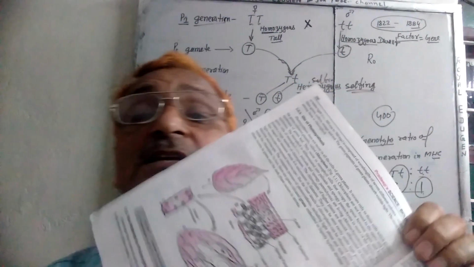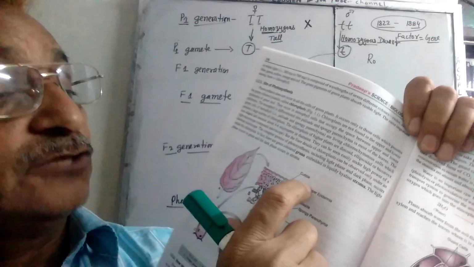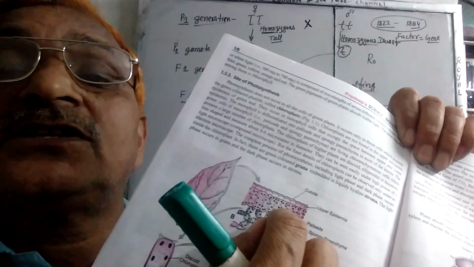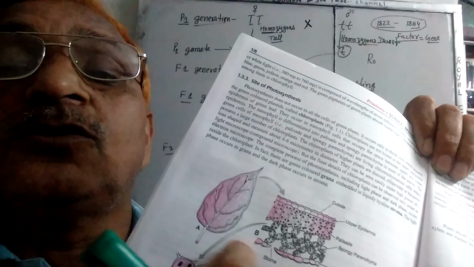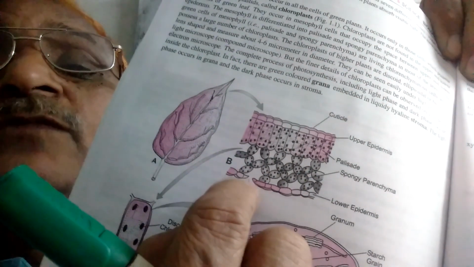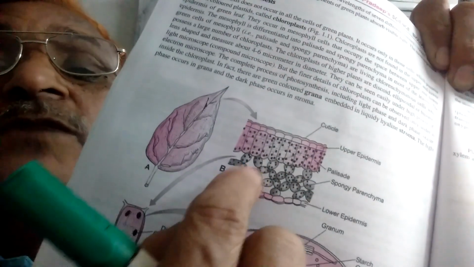Maybe this type of diagram may be asked. You have to label that the cuticle protects it from drying, and then there are mesophyll cells which are involved in photosynthesis. The lower surface of the leaf bears the stomata. So here is the stoma, the plural is stomata.